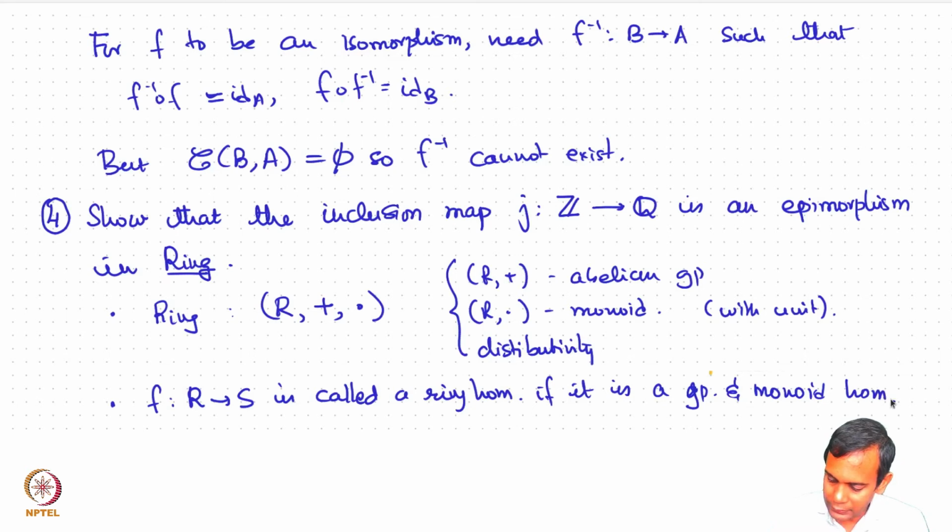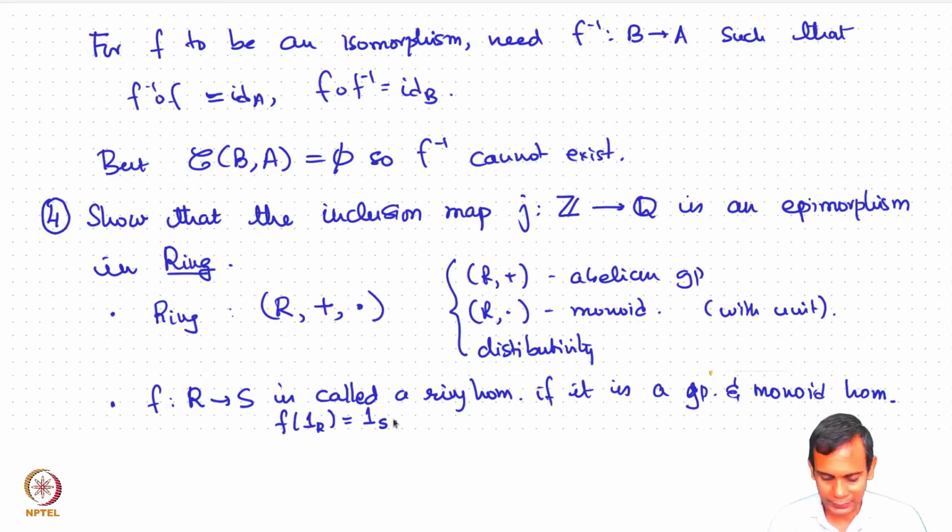I'm just writing this down somewhat informally, but an important point is that F takes the multiplicative unit of R to the multiplicative unit of S. This is a very important assumption that we make when we define the category of rings. Now you can pause your video and try to solve this problem.